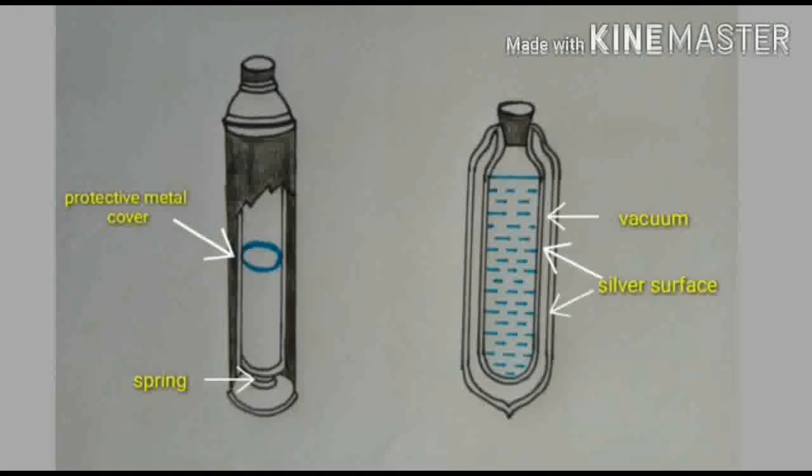Convection means the transfer of heat through fluids. That is, the vacuum in the thermos flask prevents the escaping of heat from the liquid present in the flask. Then for conduction, the presence of metal walls of the thermos flask and the insulated stopper reduce the conduction.